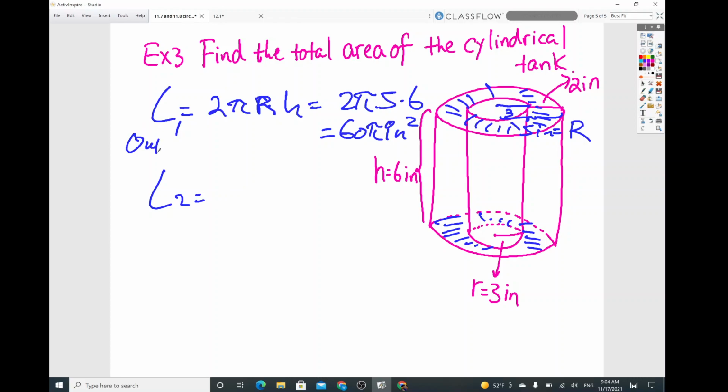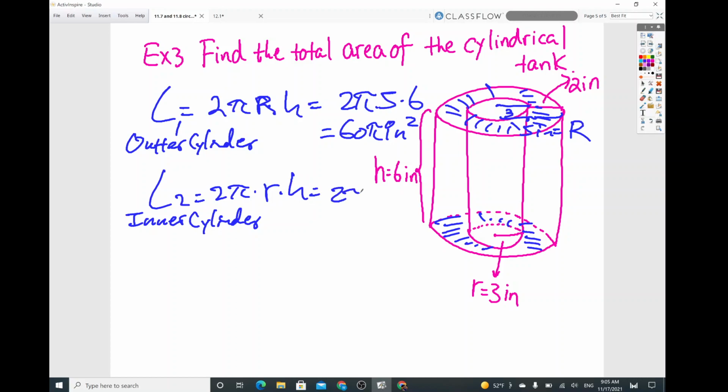Similarly, it's 2 pi times little r times h. So 2 pi times the inner radius, which is 3 inches, times the same height, 6. So 2 times 3, 6, 6 times 6, 36. So 36 pi square inches.